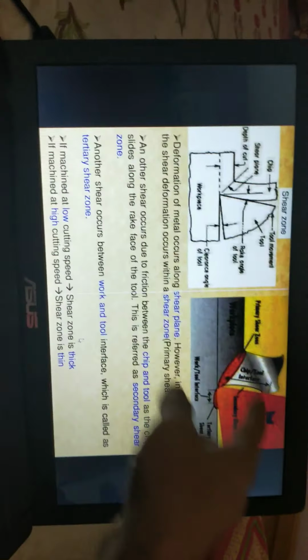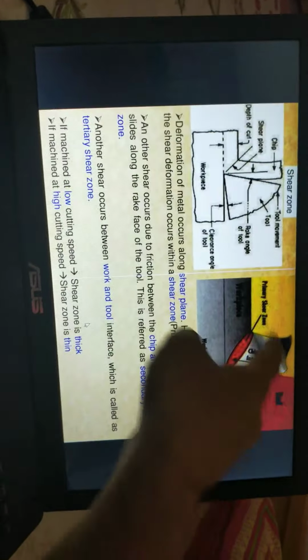Where is the primary shear zone, where is the secondary shear zone, where is the tertiary shear zone, and this is where frictional heat is produced. How the tool fails due to that friction, we are going to see in the next section on tool life. So this figure is the most important one.